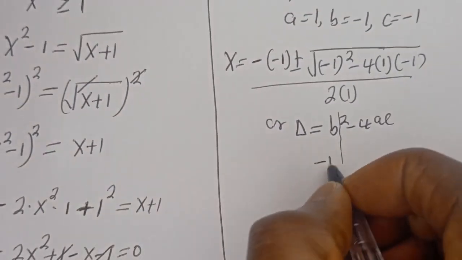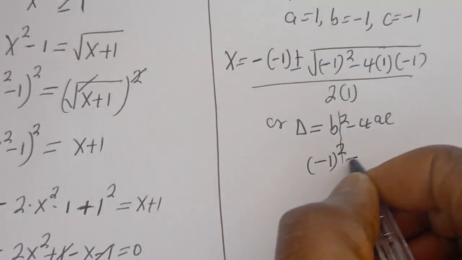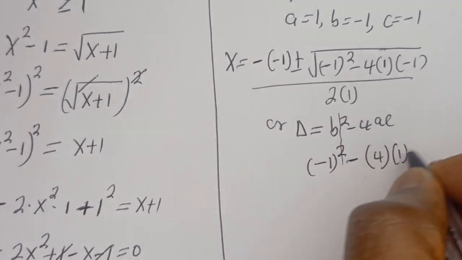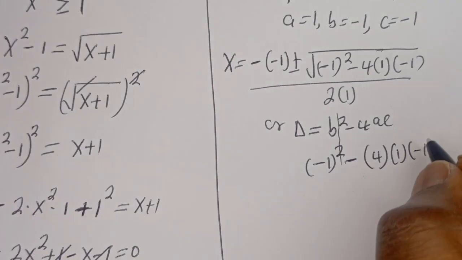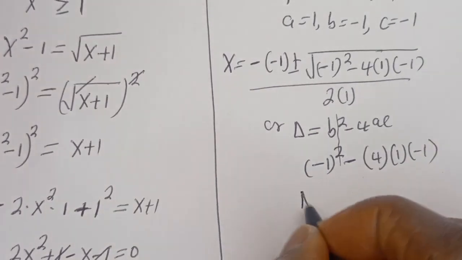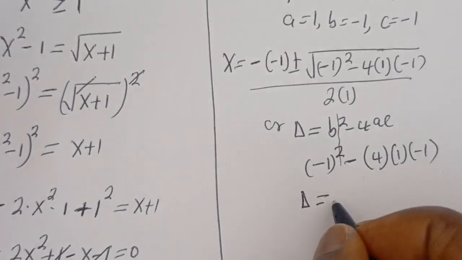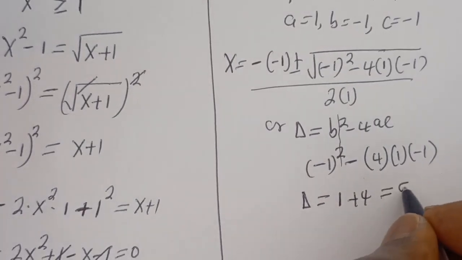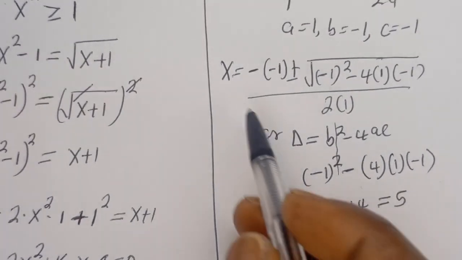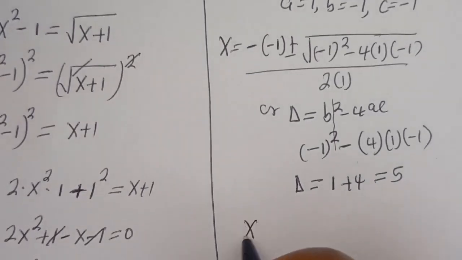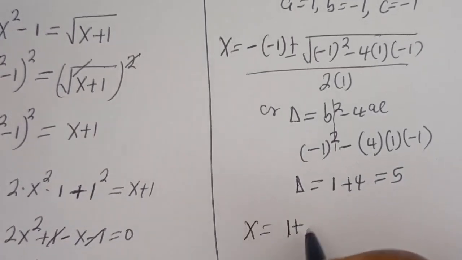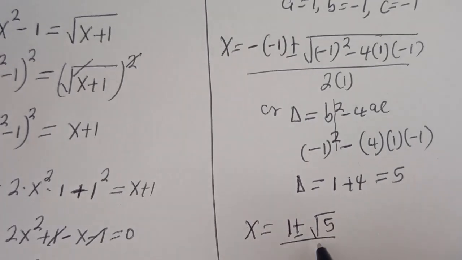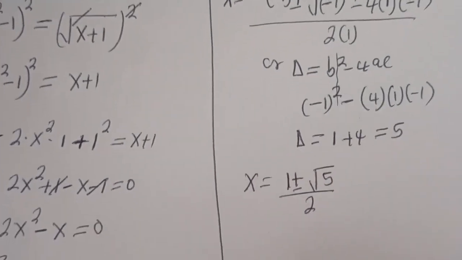Then we have minus 1 squared minus 4 multiplied by 1 multiplied by minus 1. Then D is equal to 1 plus 4. This is equal to 5. Then this equation becomes s is equal to 1 plus or minus square root of 5 over 2.